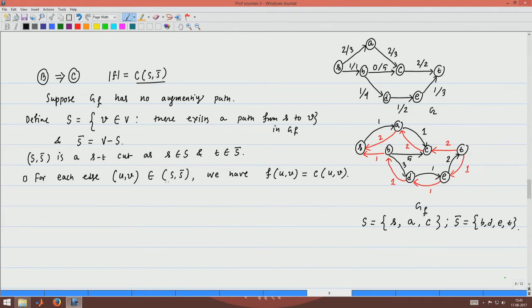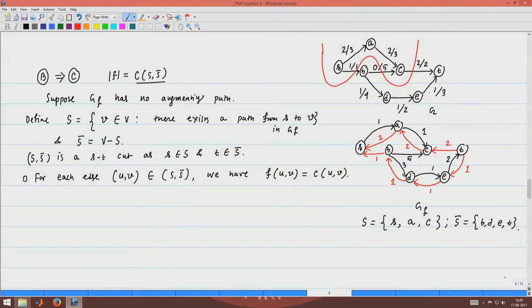Let me take one edge where u is in S and v is in S complement. The cut that we got is this one. So, this is S and this part is S complement.